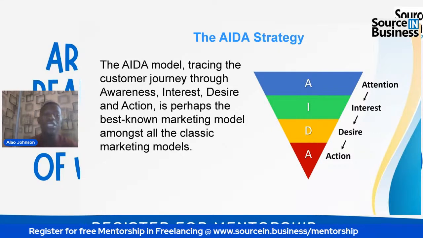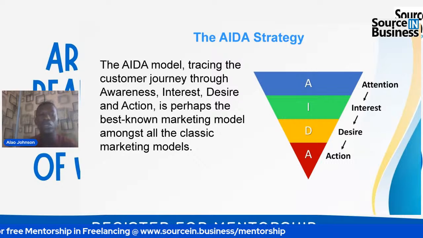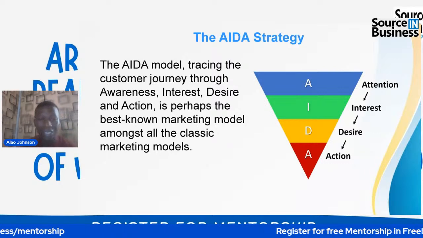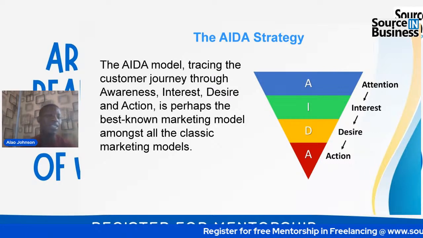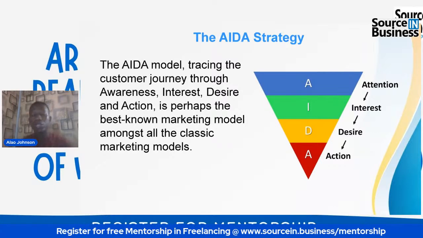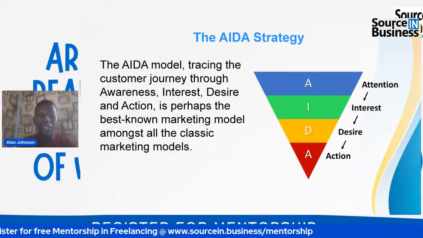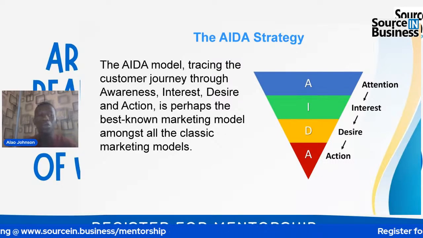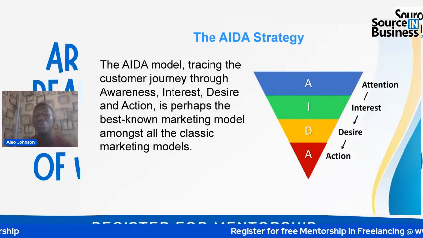All right. So the AIDA model is tracing the customer journey through awareness, number one, their interest, number two, their desire, and action. All right. But before I proceed, let me just share some things with you. It is not easy, should I say it's not possible, for you to just sell something that people are not aware of.